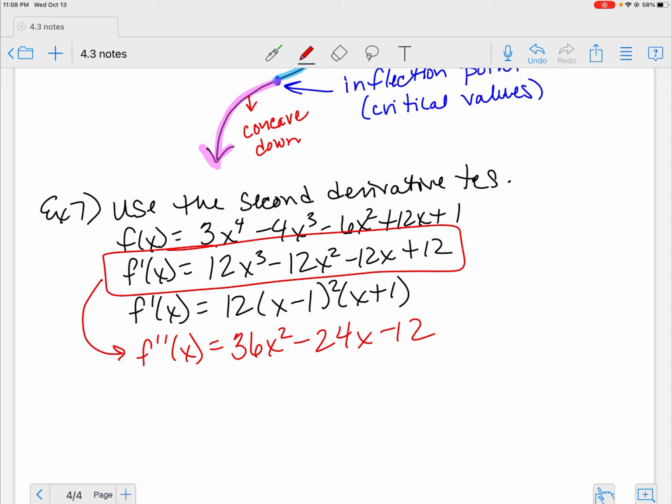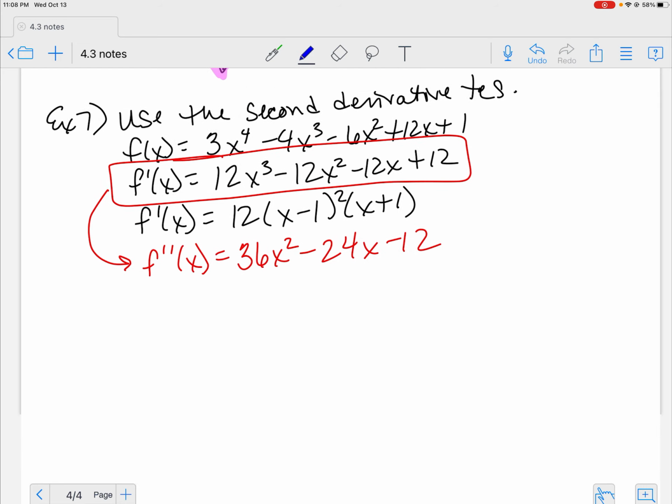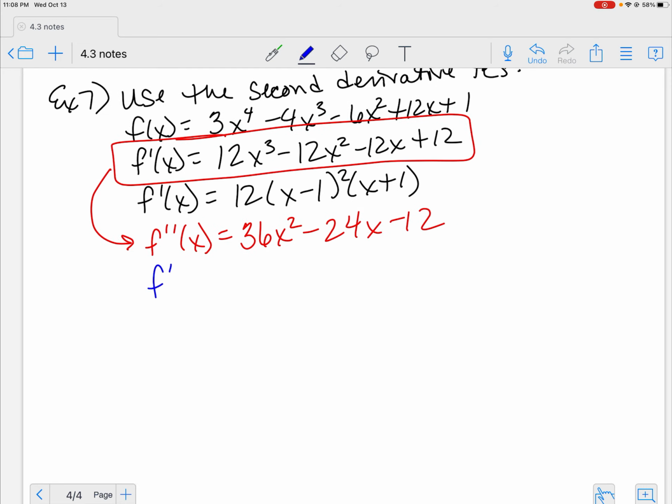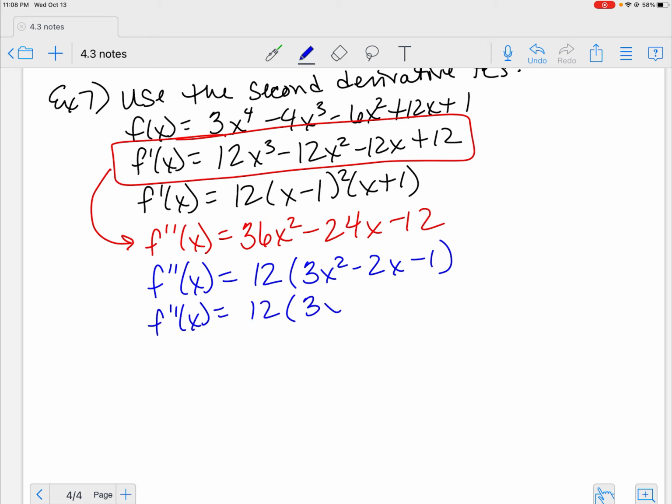That is what we now factor and figure out how we're going to pull this off. So let's factor this. What's in common? A 12 again, which leaves me with 3x squared minus 2x minus 1. Well, we can factor that, no problem. I've got my 12, I've got a 3x and an x. 1 in the back is my only choice.